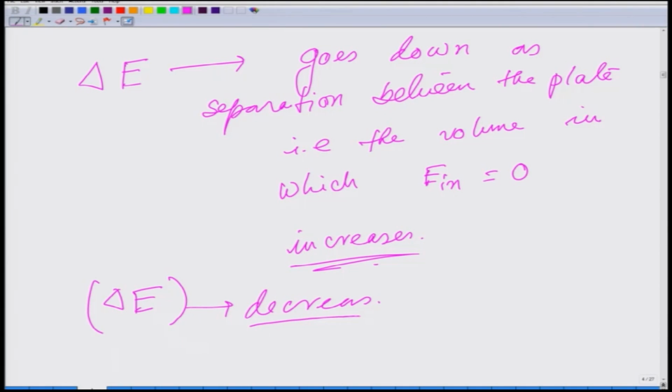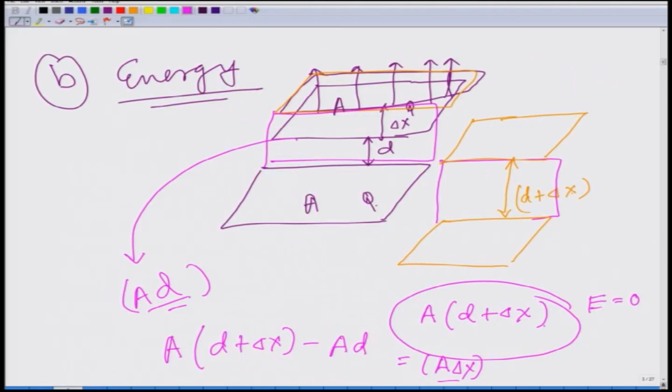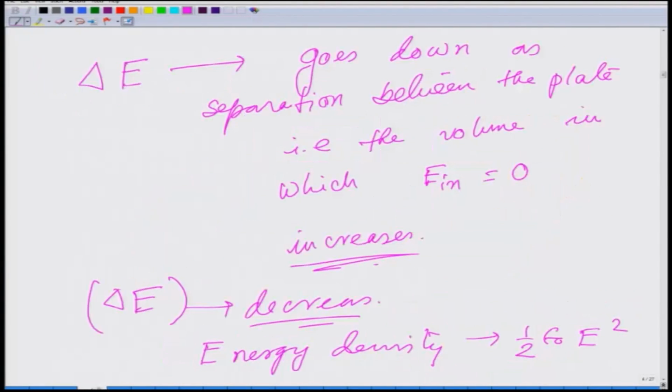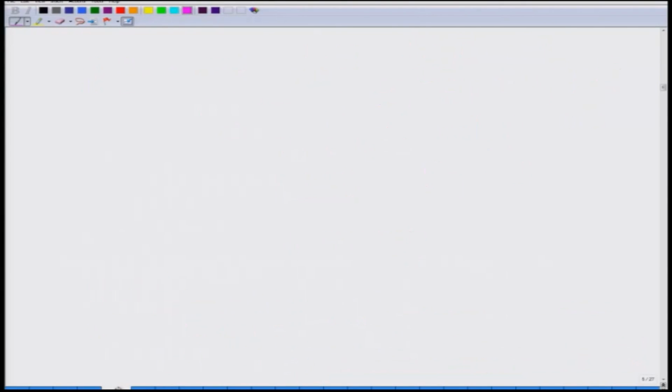So now from the knowledge of energy density, which is half epsilon naught E square, where epsilon naught is the permittivity, we can find out delta E. You have to find it out.